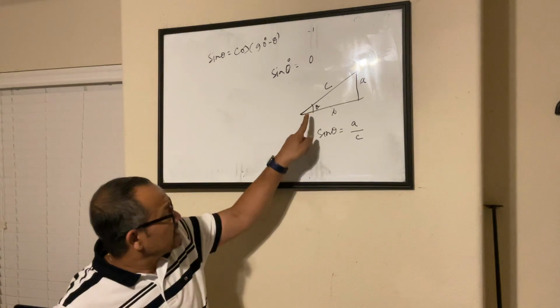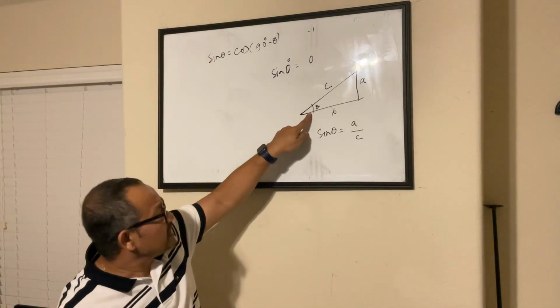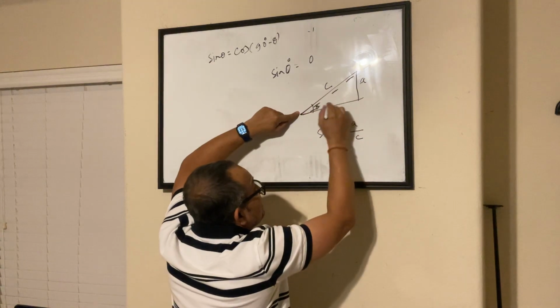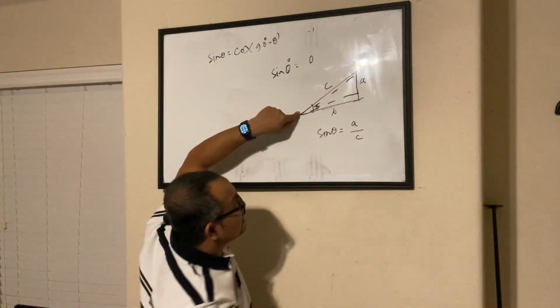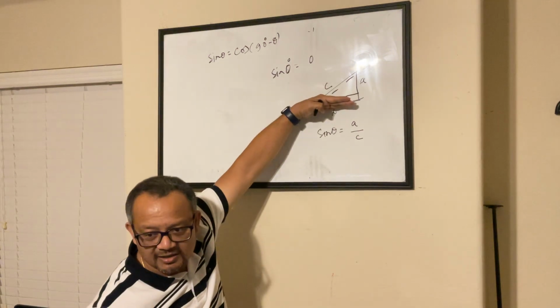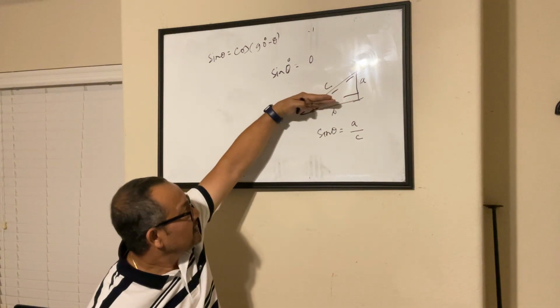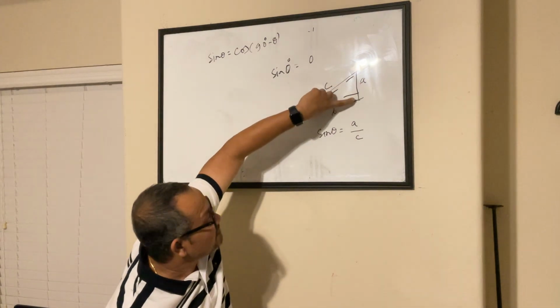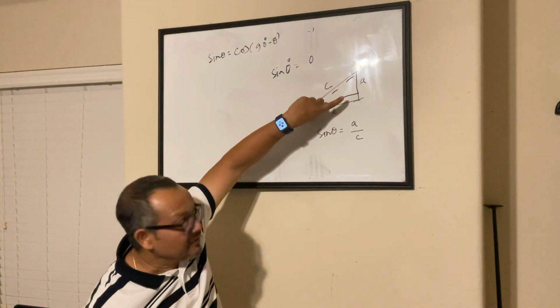When I say sine 0 degree, what essentially am I talking about? I'm trying to move this line closer to the horizontal line, correct? When will it become 0? When it literally falls on this line, correct? That means this length and this length will become the same. That's the only way you can get a 0.